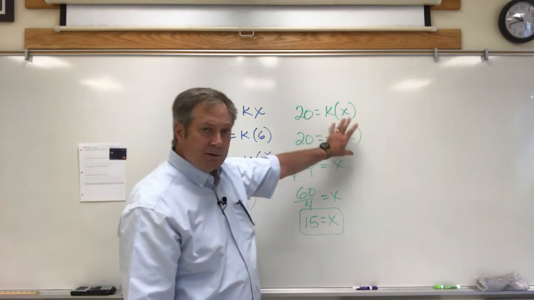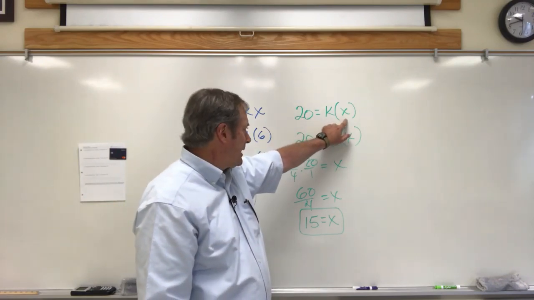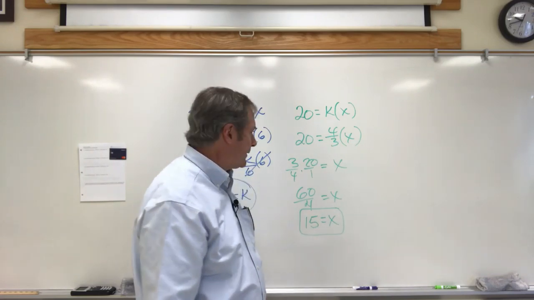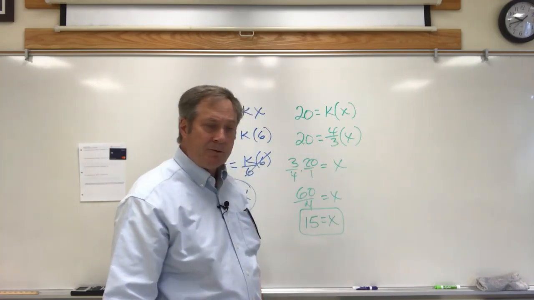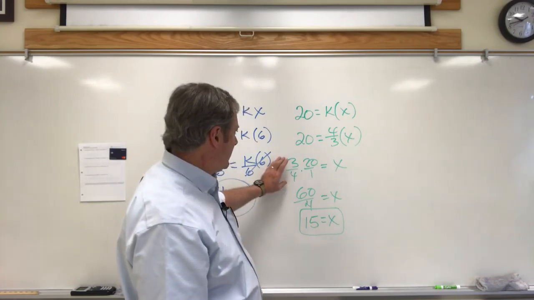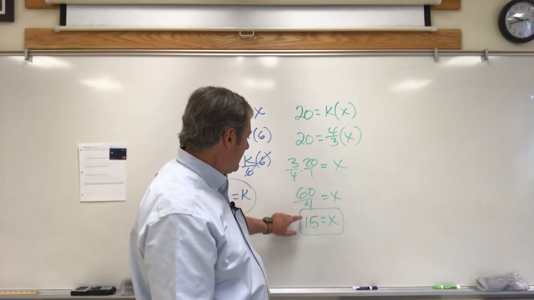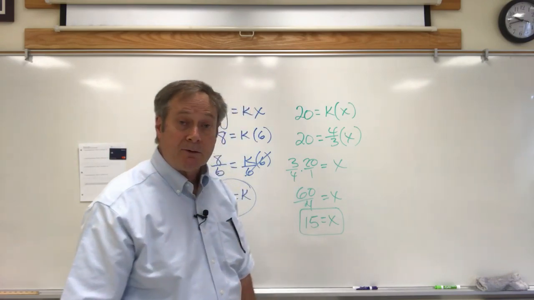Then we plug it into the second situation. It gives us a y value. We're trying to solve for x. So 20 is equal to 4/3 times x. Well, you can divide both sides by 4/3, or if you remember, you can multiply by the inverse, which would be 3 over 4, which is 60 over 4, which divides out to be 15. And so that would be number 4.